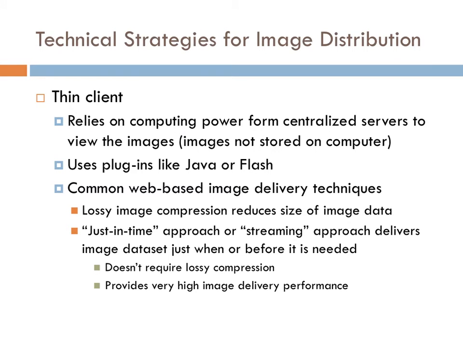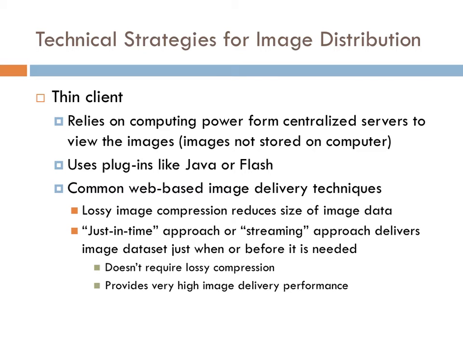Technical strategies for image distribution. We'll start with the thin client that relies on computing power from the centralized servers to view the images. Images are not stored on the actual thin client. It uses plugins like Java or Flash, and it uses common web-based image delivery techniques. So again, that lossy image compression comes up.